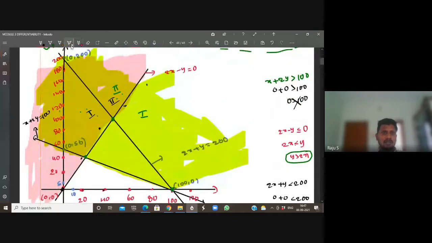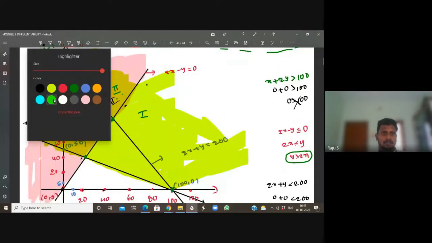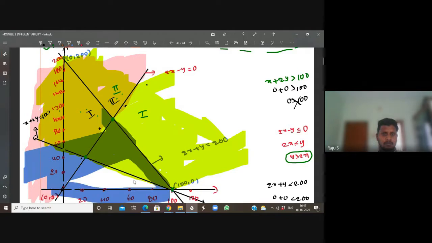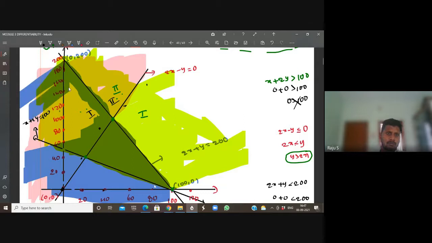Now when I draw the graph, it is the below value. So what do you observe, students?